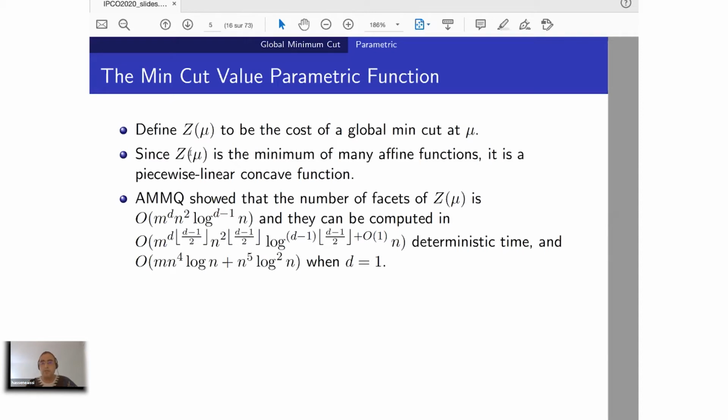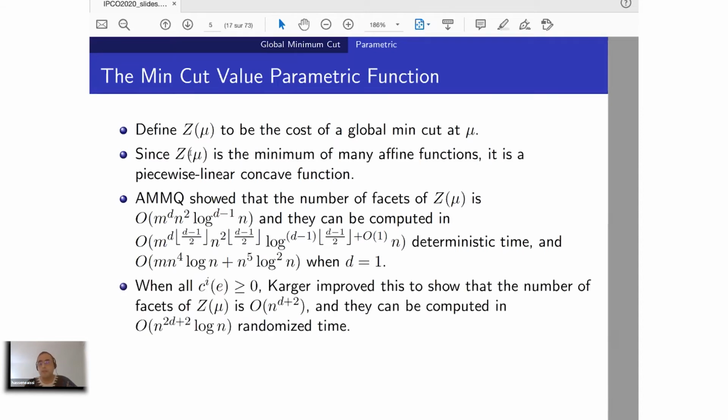And this surface z can be computed in strongly polynomial time. But in the particular case where all the edge cost functions ci are non-negative, the number of facets and the running time can be improved significantly. This was a result by Karger in 2016.